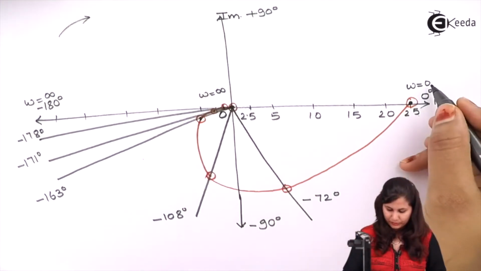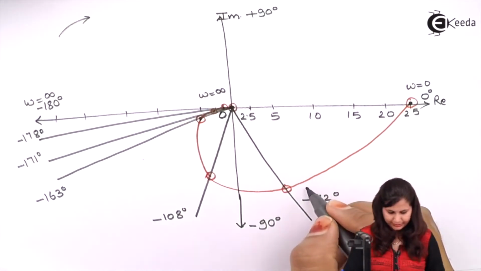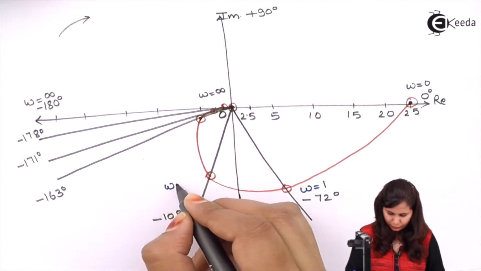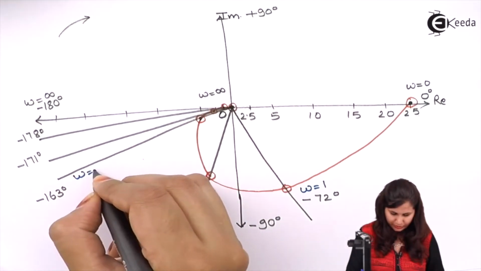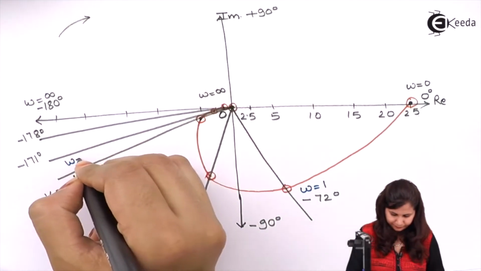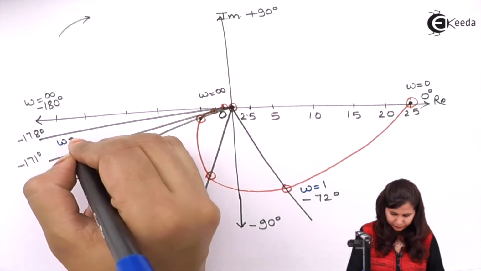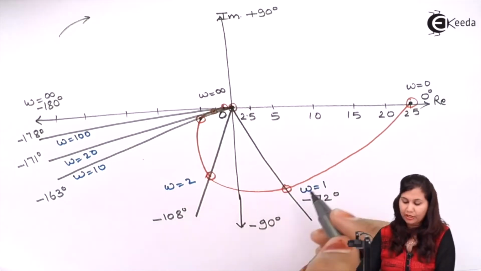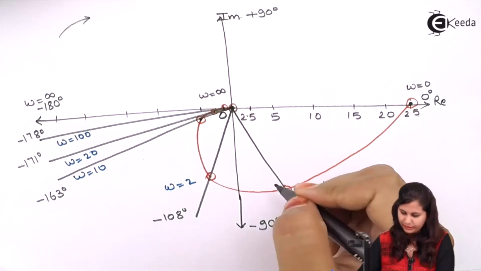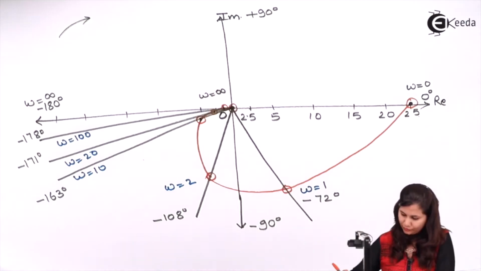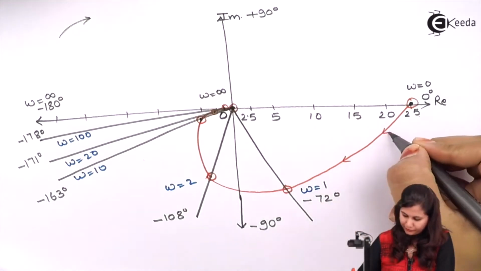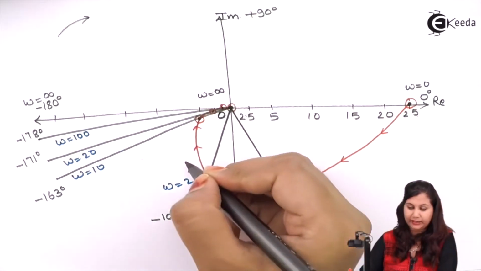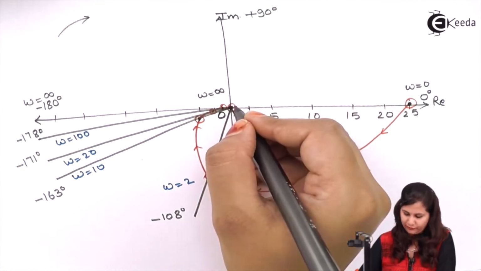This is for omega equals 0. This minus 72 degrees is for omega equals 1, then omega equals 2, omega equals 10. We have joined the points, and this is the direction of the polar plot, starting from omega equals 0 and terminating at omega equals infinity.